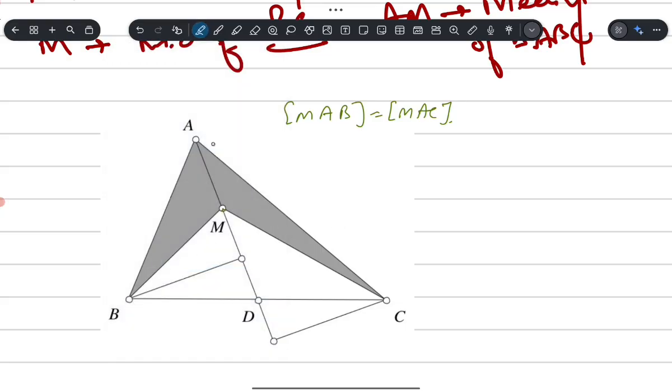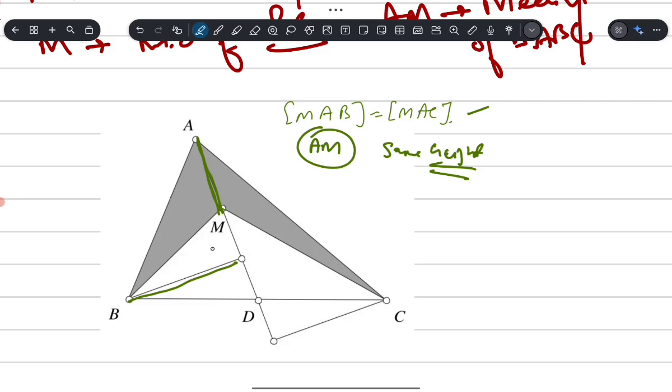So if you see, those two areas are sharing the same base, AM. So in order for them to have the same area, they need to have the same height as well. This is the height for triangle ABM, and this is the height for triangle ACM. I want you to focus on these two triangles.